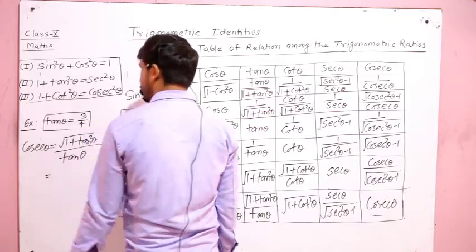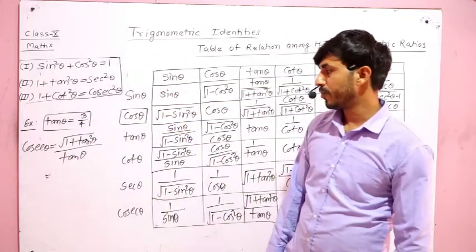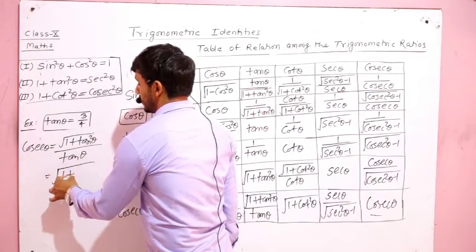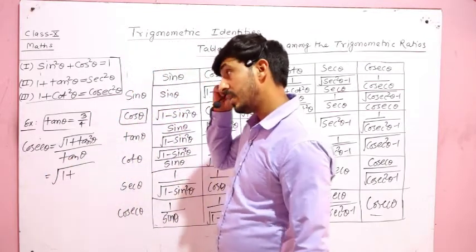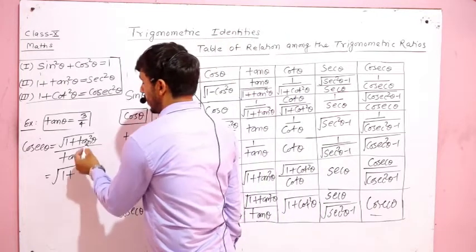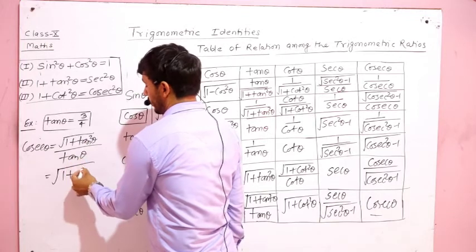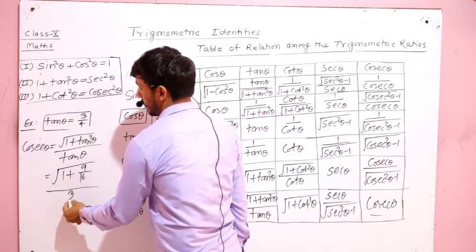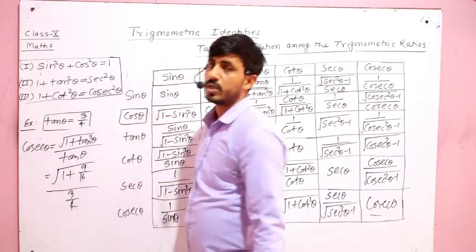We have to substitute the value of tan theta in this formula, so we obtain 1 plus, what is the value of tan theta? The value of tan theta is given, it is 3 by 4, and we have to make the square of 3 by 4. That's why we have 9 upon 16, divided by the value of tan theta, which is 3 by 4.